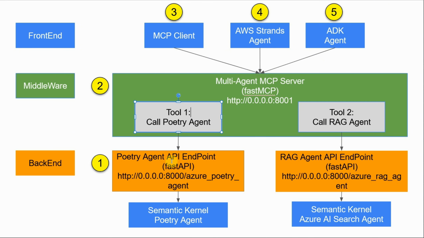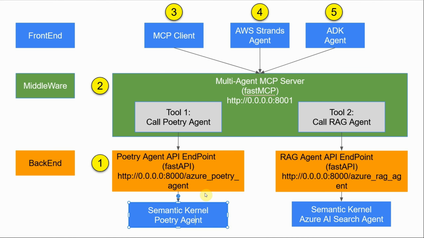In order to deploy API endpoints or an HTTP server, we use FastAPI. And within FastAPI, we will explicitly define the endpoints for the poetry and for the RAG agent. Behind the scenes, these agents, the poetry agent and RAG agent, are implemented in the form of a Semantic Kernel poetry agent and a Semantic Kernel Azure AI Search agent.